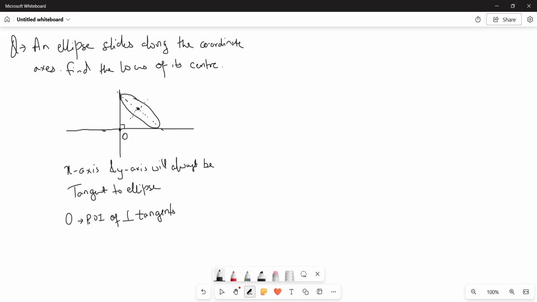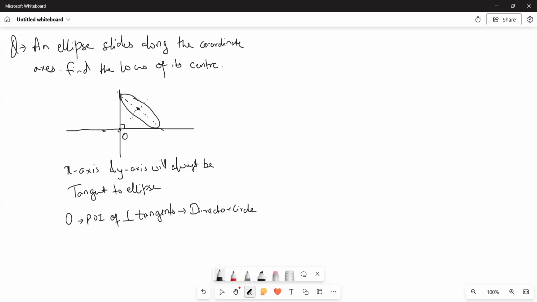But what is the locus of point of intersection of perpendicular tangents? क्या बोलते हैं उसको? Director circle.